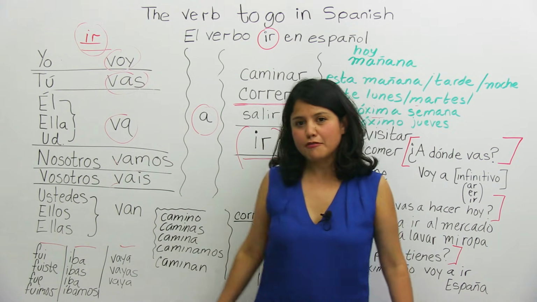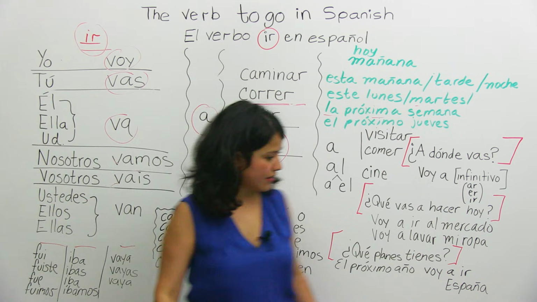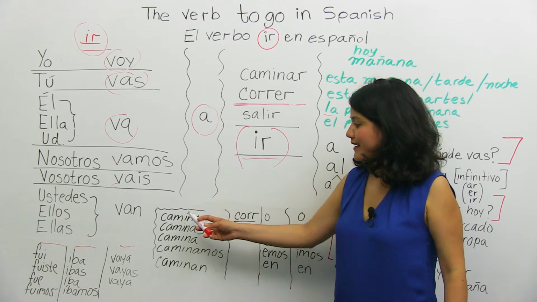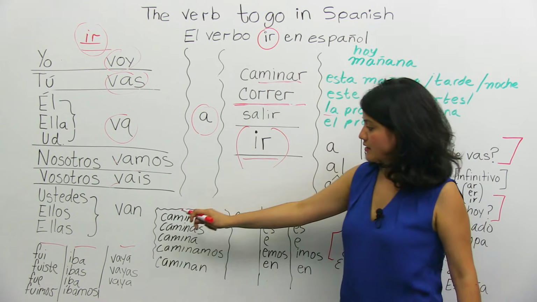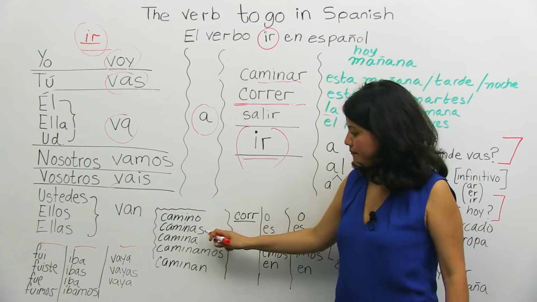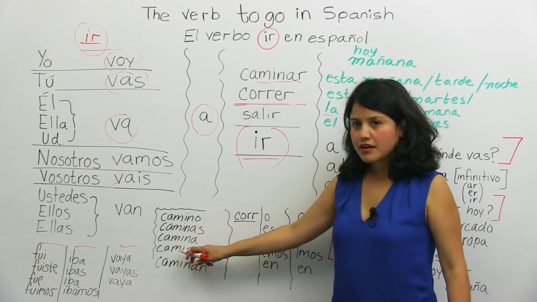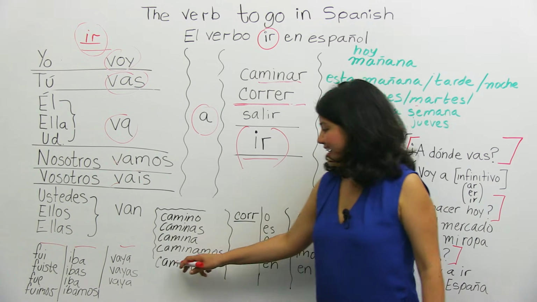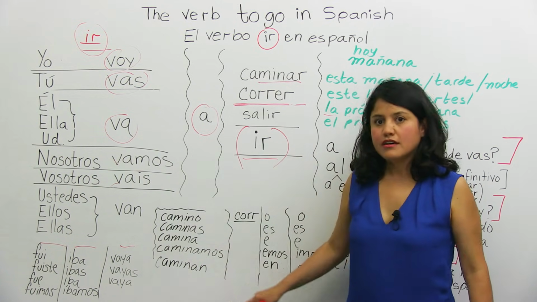That's irregular because if you go, for example, to the verb caminar: yo camino, tú caminas, él camina, nosotros caminamos, ustedes caminan.